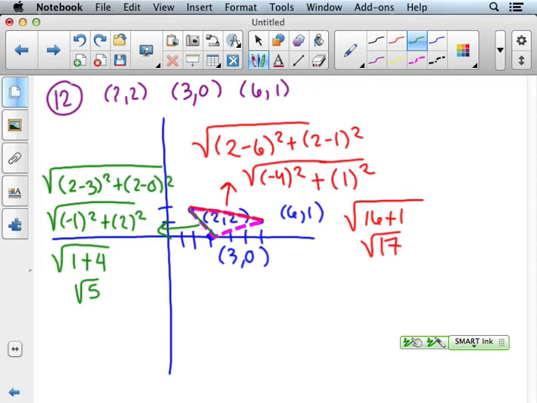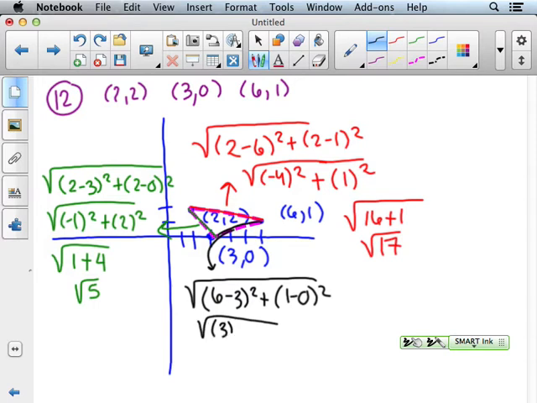And then the one on the bottom, let's do that in black. So that is, let's see here, 6 minus 3 squared plus 1 minus 0 squared. So we get 3 squared plus 1 squared, which is 9 plus 1, which is square root 10. Okay, so that's this side here.